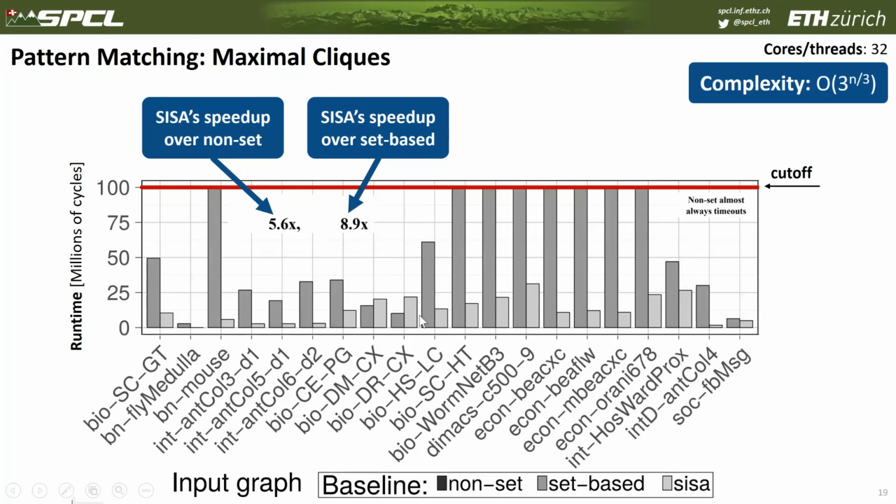SISA again has, in almost all the cases, the highest performance, really outperforming the simple set-based variant that is not using hardware PIM acceleration. All these speedups and gains are mostly due to the fact that we not only have this PIM acceleration, but also automatic decisions on which variant of these set operations to select, and which set representation is the most advantageous for a given set.